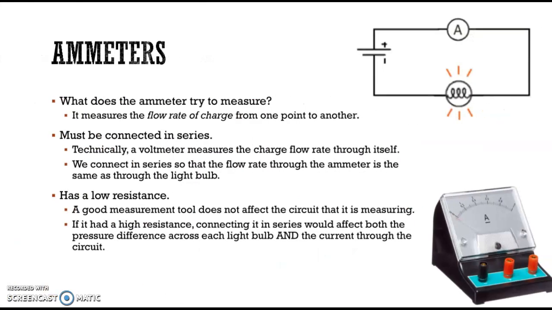Okay, the second thing that we learned about was ammeters. What does an ammeter try to measure? It measures the flow rate of charge from one point to another. In the case of this circuit that I have here, that flow rate that we want to measure is through the bulb, from here to here.